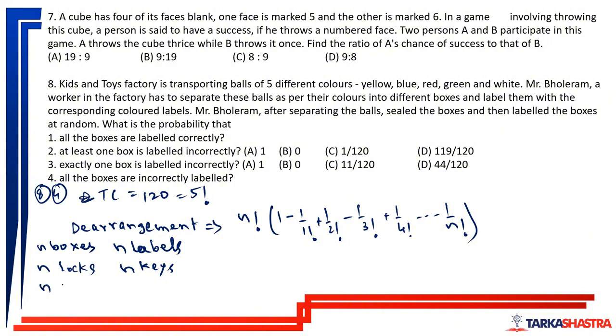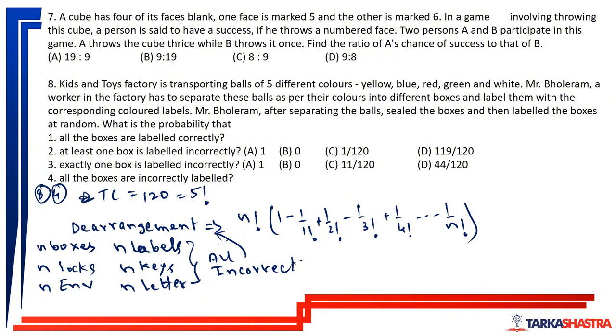N envelopes, n letters, no letter should go to the proper envelope. So all of these, all incorrect. In such cases we use dearrangement. This is the formula for dearrangement.